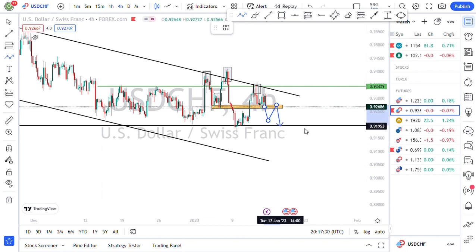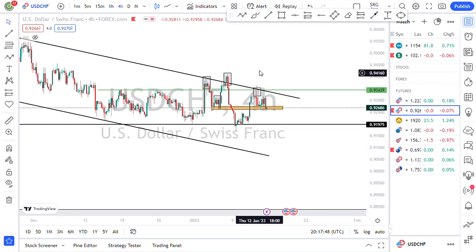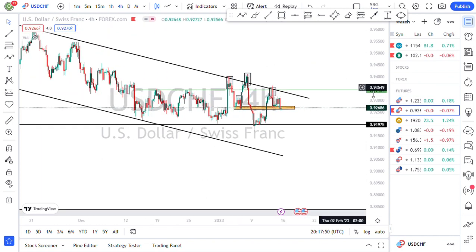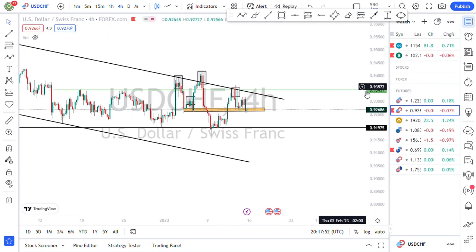Better still, this support level will be respected, right? So we are going to watch how USD plays. So this is what I have on USD. We are waiting for price to break either level, and then we know what to do, because price is not really giving us clear routes on this trade.